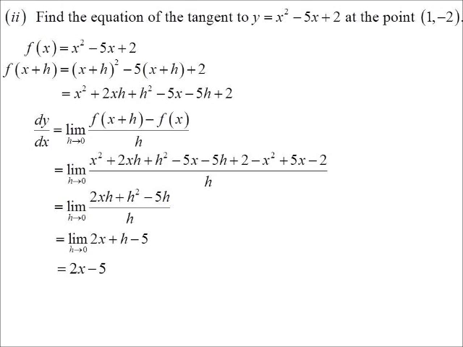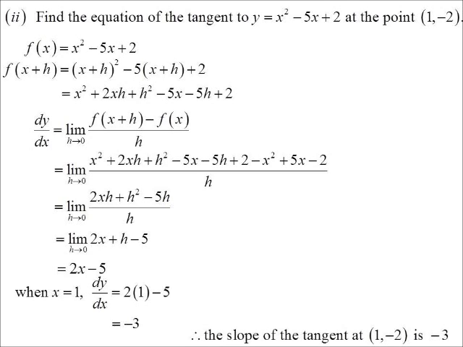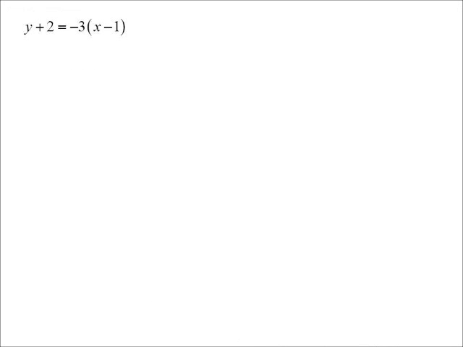Okay. So we want when x equals 1. When x equals 1, that derivative is going to be negative 3. I now have the slope of the tangent. So the slope of the tangent is negative 3. Point slope formula. I should be able to work out the equation of my tangent. There it is. Y equals negative 3x plus 1.